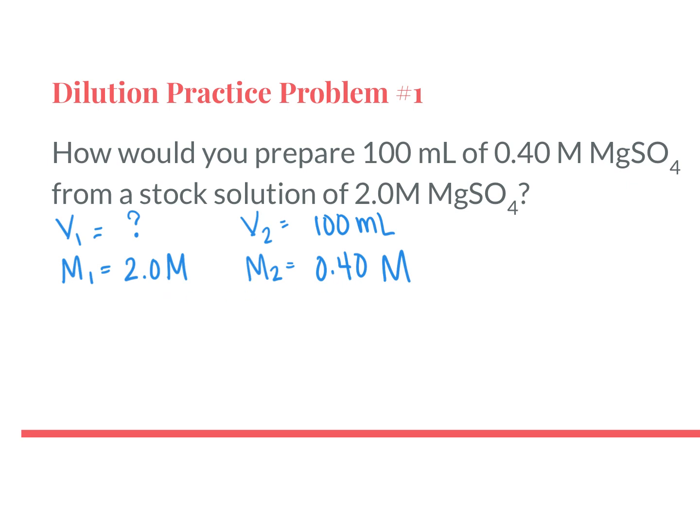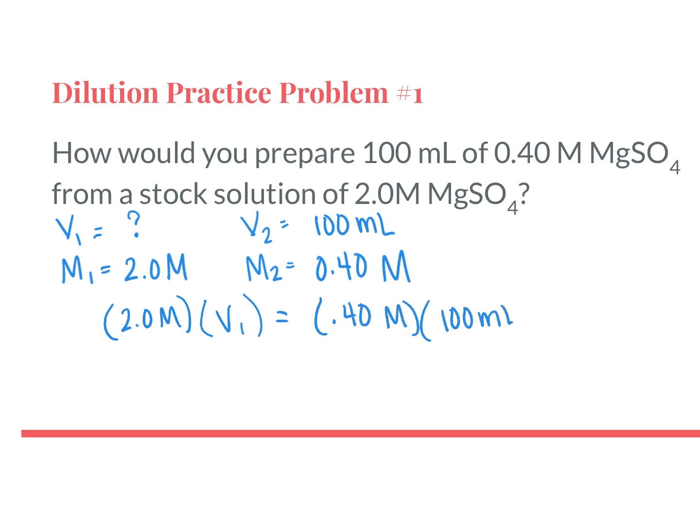Okay. So to figure that out, we're going to use M1 V1 equals M2 V2. So we're going to take 2.0 molar times V1 is going to equal 0.40 molar times 100 milliliters. Okay, so we're going to solve for V1. So how do you get V1 by itself?